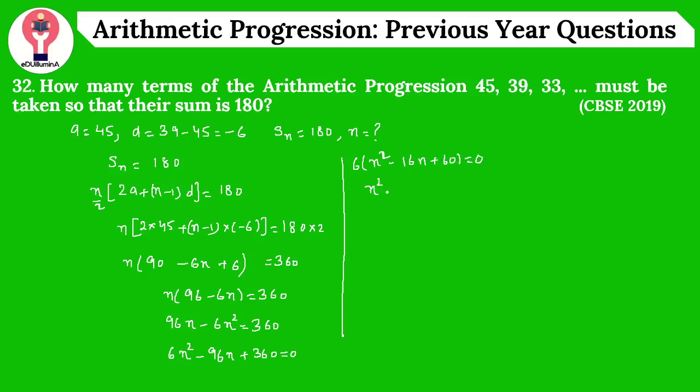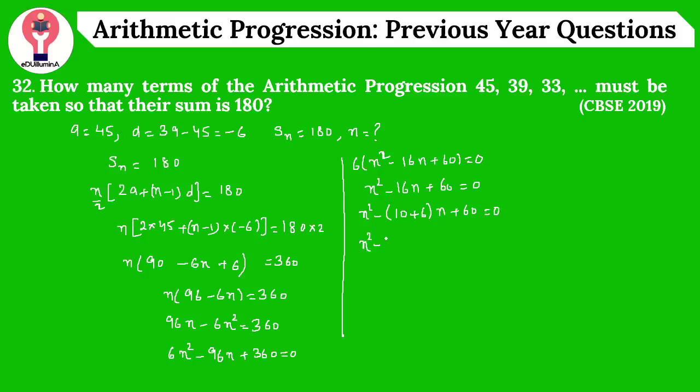Therefore, we get a quadratic equation, n square minus 16n plus 60 is equal to 0. So we can solve this by splitting the middle term. n square minus 16n is the middle term. We will split 16 into 10 plus 6, because if we multiply 10 with 6 we get product 60, and 10 plus 6 gives sum 16, is equal to 0.